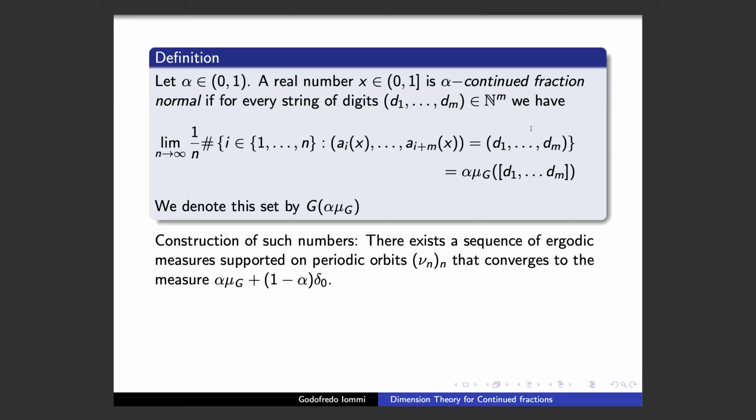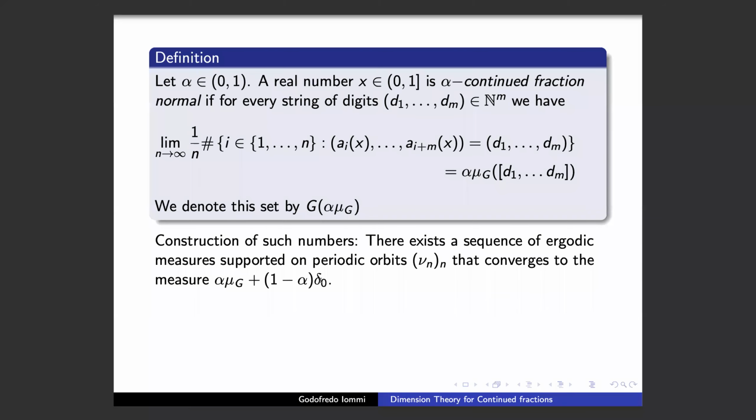There exist sequences of ergodic measures supported on periodic points which converge in the weak-star topology to alpha mu G plus (1 minus alpha) times the atomic measure at 0.